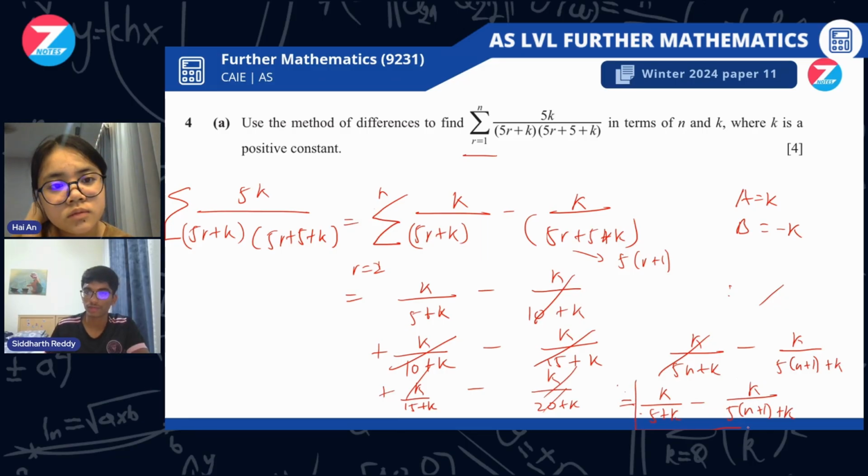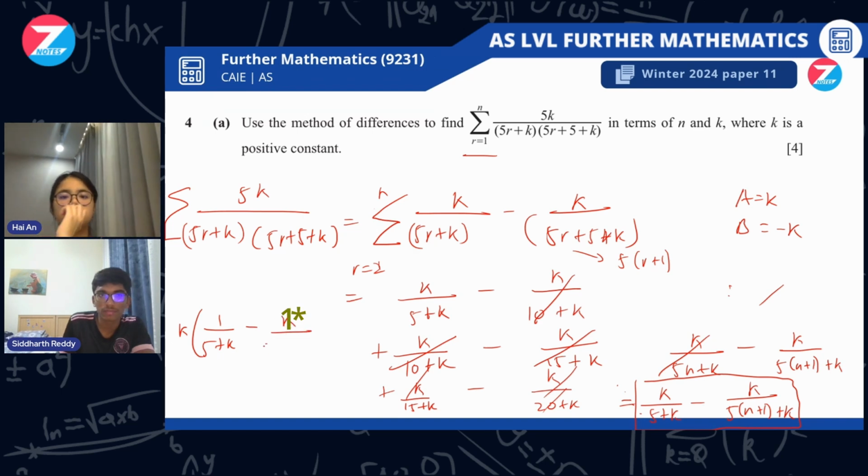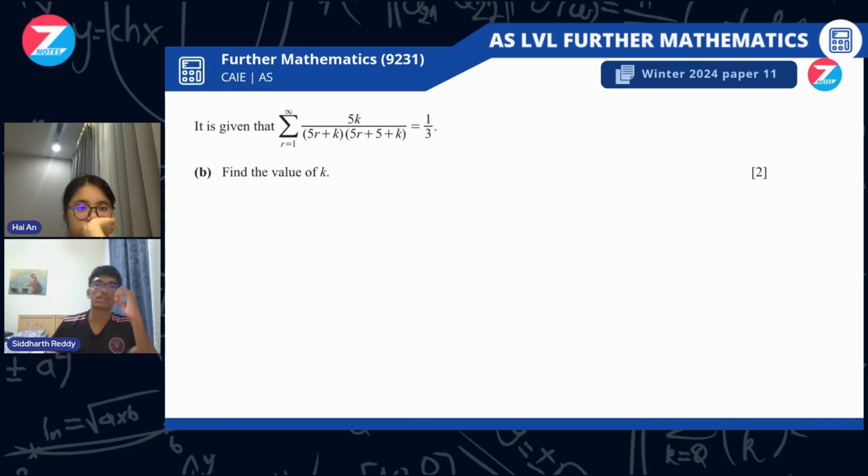So this is our final answer. If you want, you can factor it and write it as such. So k into 1 by 5 plus k minus k by 5 into n plus 1 plus k. So that's the final answer. It is given that the sum till infinity of that fraction which we found earlier is equal to 1 by 3.